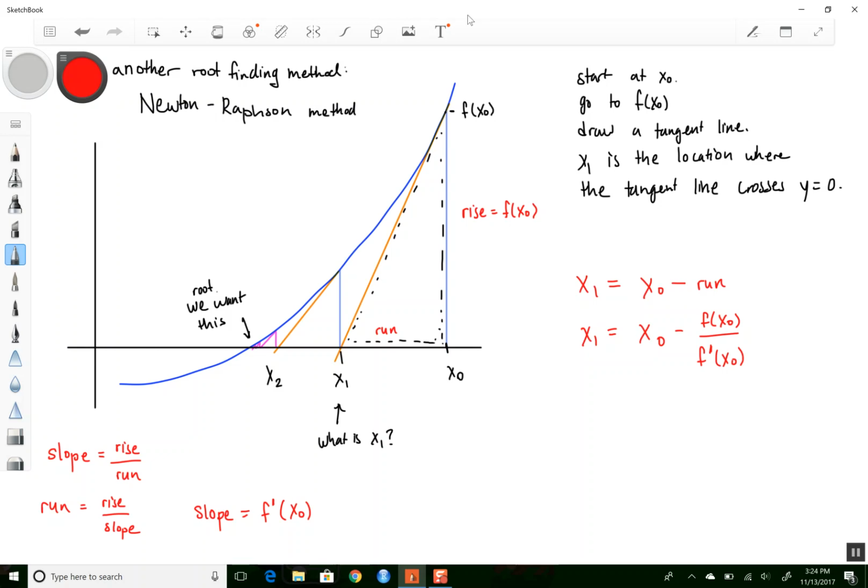Okay? Or we generalize this, and we just say x at time n plus 1 is going to be x at time n minus f of x at time n divided by f prime at time xn.